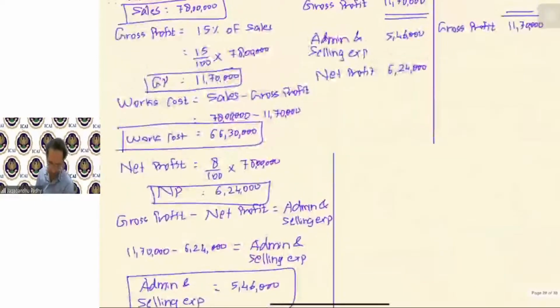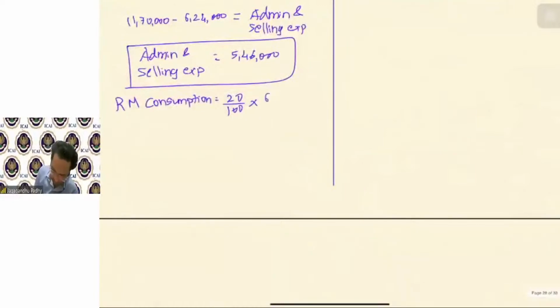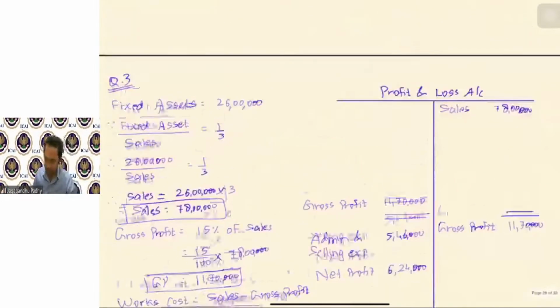Works cost is 66 lakh 30,000. So the raw material consumption is 66 lakh 30,000 into 20%, which is 13 lakh 26,000.